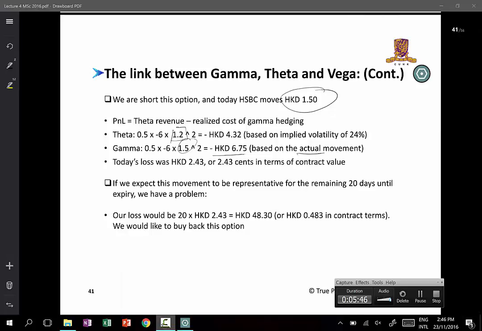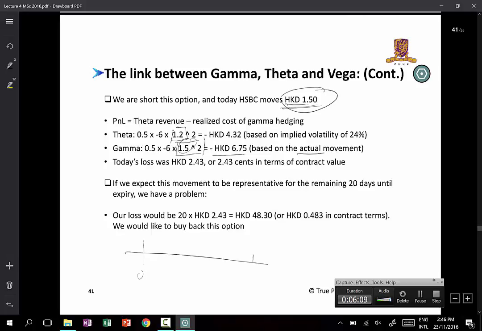And so we ask ourselves, what if this pattern of a daily move of $1.50 or higher actually keeps going and continues between now and the next 20 days? Let's say it does, then every day we can look forward to earning a half gamma times the square of that change.